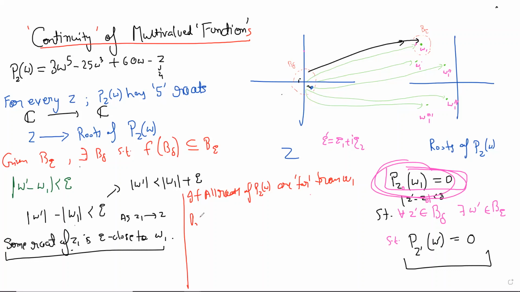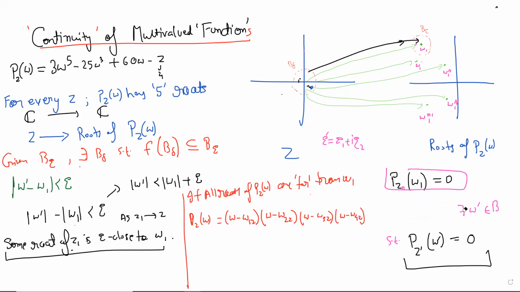I mean that if PZ is of this form, we can use a factorization: W1 minus Z, W2 minus Z, W3 minus Z, W4 minus Z. If all the roots are far, then you can write this.